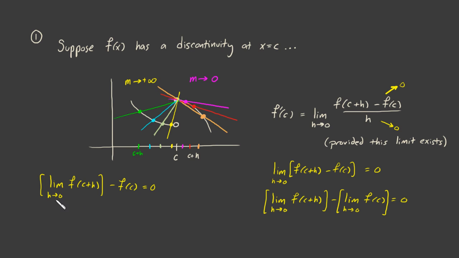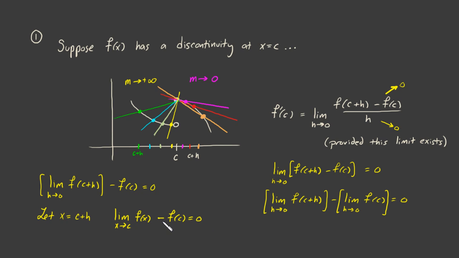Now, let's make a clever substitution here. We know h is going to 0. What if we let x be c plus h? So as h goes to 0, doesn't x have to go to c? If that's the case, then we could write the limit as x goes to c instead of this, and then this would be f of x, like so, minus f of c, and that would have to be equal to 0.